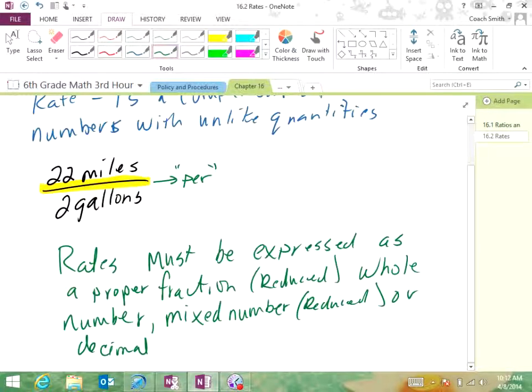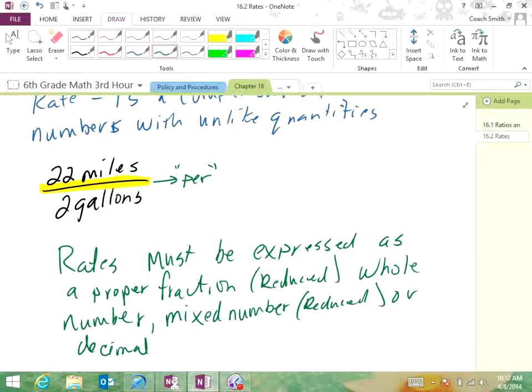Unlike our ratios from yesterday, where we had to express them as a fraction, or like 3 to 4 or 3:4, rates are different. They can be expressed as a whole number, a proper fraction, a mixed number, or a decimal number. Usually the way they've given it to you is the way you need to express it, and we'll go over some examples in a second.